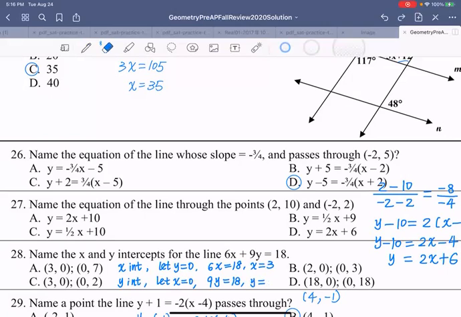Thank you. 3, comma 0. Because you make y equals 0, you write down 3, comma 0. That's your x-intercept. Y-intercept is 0, comma 2. There you go. That's why we choose C, okay?